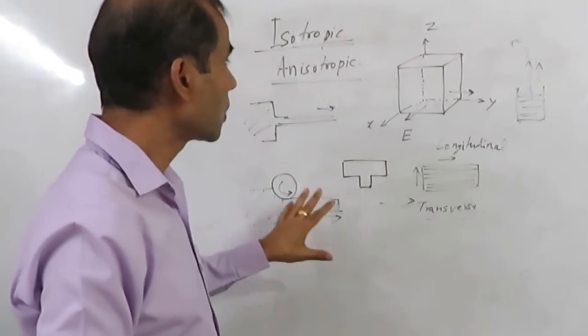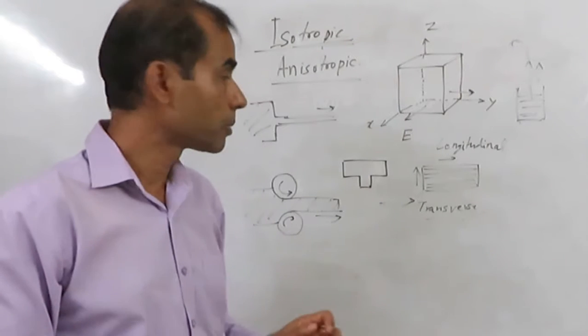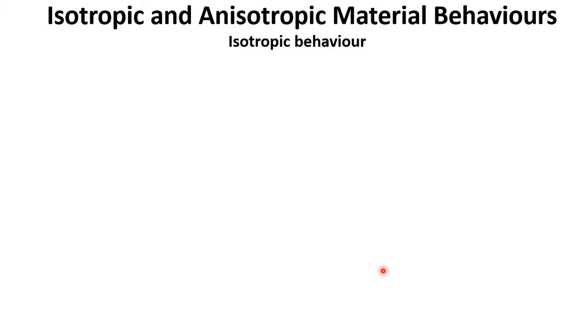So this is the whole concept of isotropic and anisotropic behavior of materials. Though the purpose of this video is to show you experimentally how isotropic and anisotropic materials behave, but here let me give you a very short theoretical background.